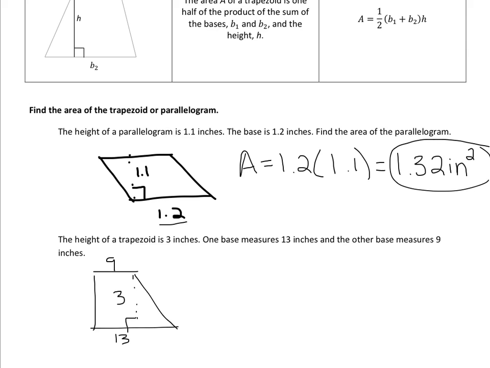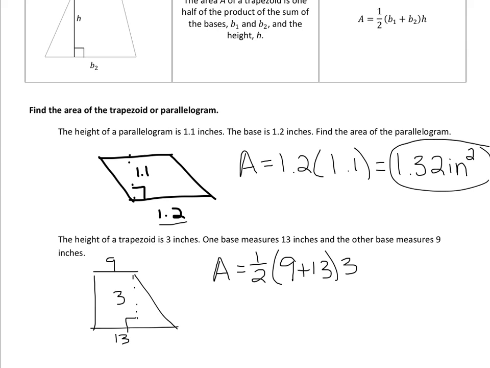To find the area, we're going to take 1/2, and my formula says I need to open a set of parentheses, and inside my parentheses I'm going to add my two bases together. Now remember, the bases are your two parallel sides. So my two parallel sides are 9 and 13, and then you multiply that by your height, which we see in our picture is 3.